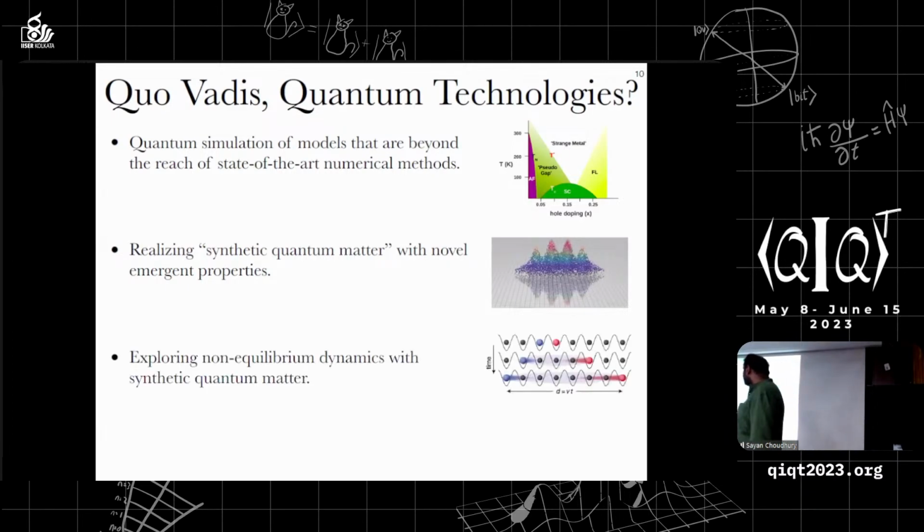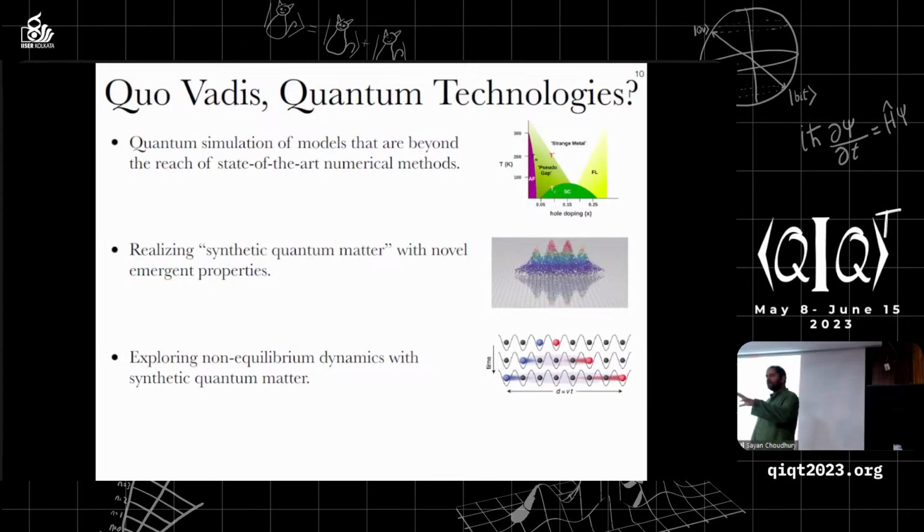The third is to explore non-equilibrium dynamics with synthetic quantum matter. Now, this is very exciting to me. This is, in fact, what I'm going to talk about a little bit today. The idea is that you start off your system in some highly non-equilibrium state, and you want to see how the system evolves. What are the universal features associated with non-equilibrium dynamics? And this turns out to be something which can be done reasonably well using these synthetic platforms.